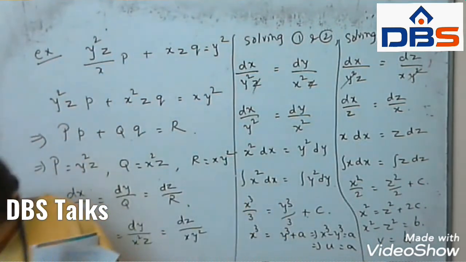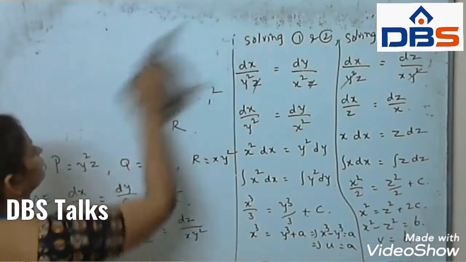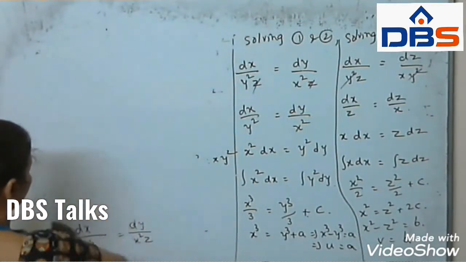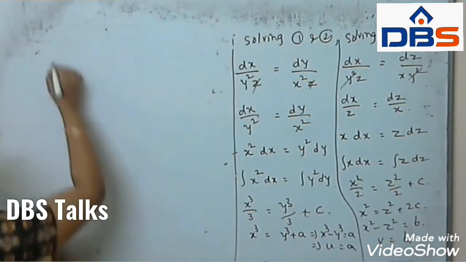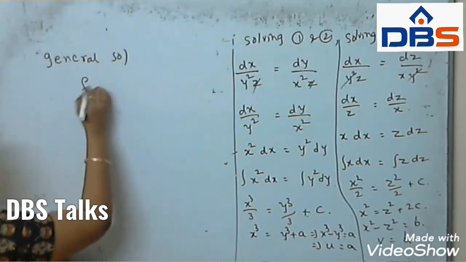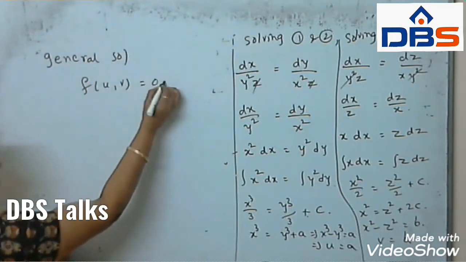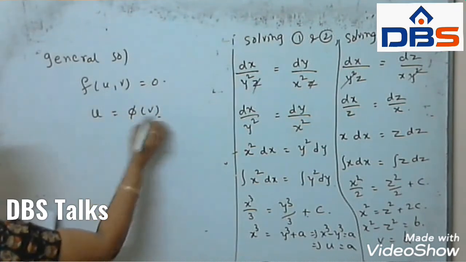So now the general solution. The general solution is f of u, v equal to 0, or u equal to phi of v.